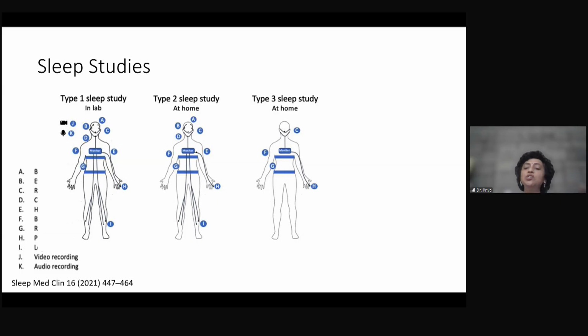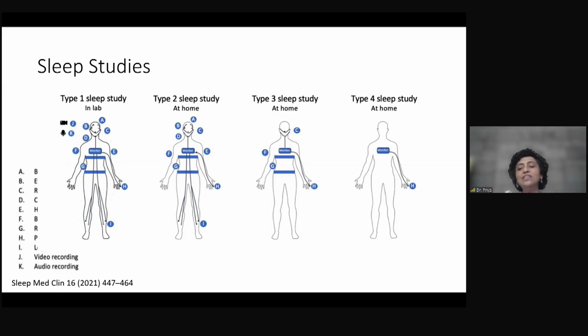So from the time the patient is put on to the time the patient takes off these sensors, we would never know whether he has slept or has been sitting and walking around. That's the fallacy of the level 3 sleep study. It doesn't tell us the total sleep time, whereas level 2 and level 1 tell us about the total sleep time. And level 4 is just the oximetry, which tells us overnight how many times the patient has desaturated.